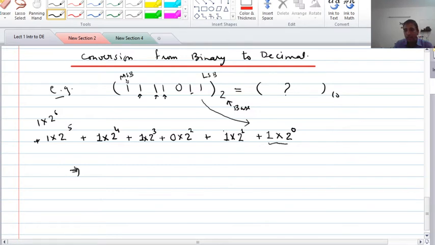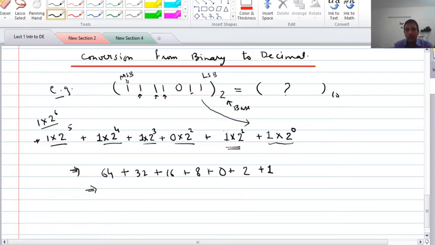Starting from this side, 2 raised to power 0 means 1, so 1 plus 2 plus 0 plus 8 plus 16 plus 32 plus 64.